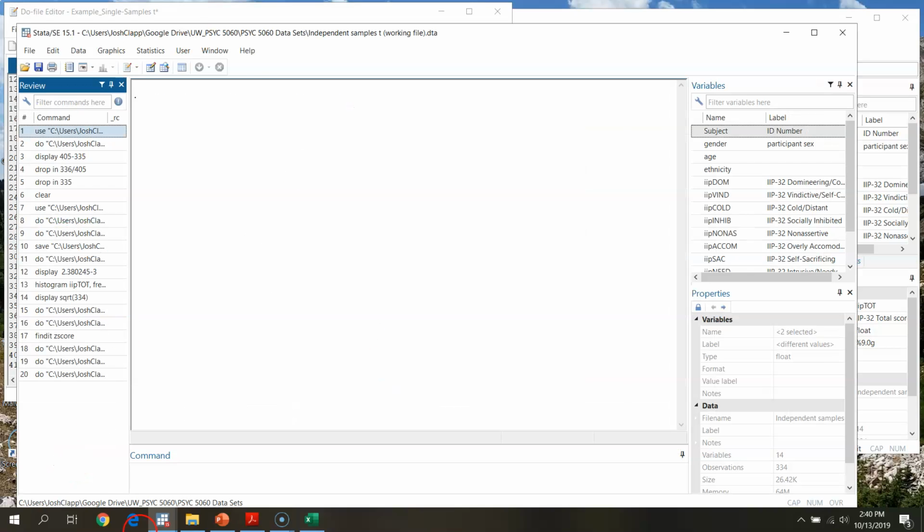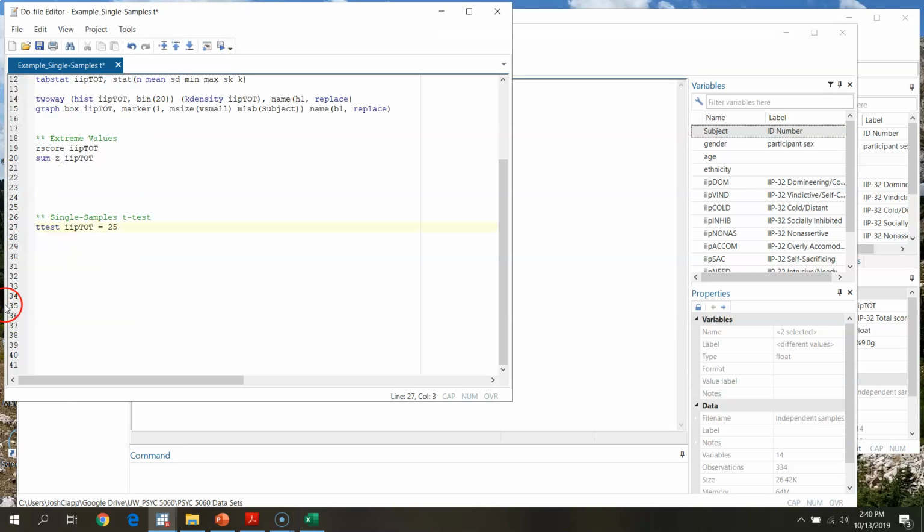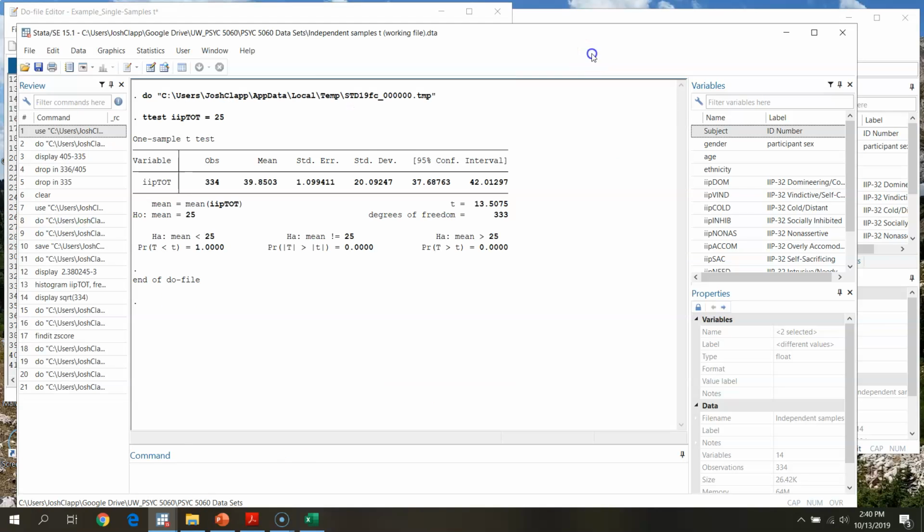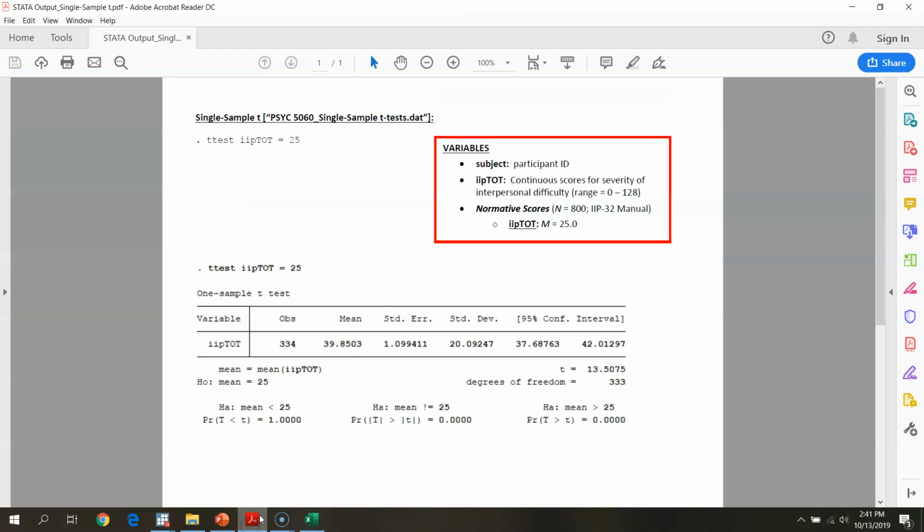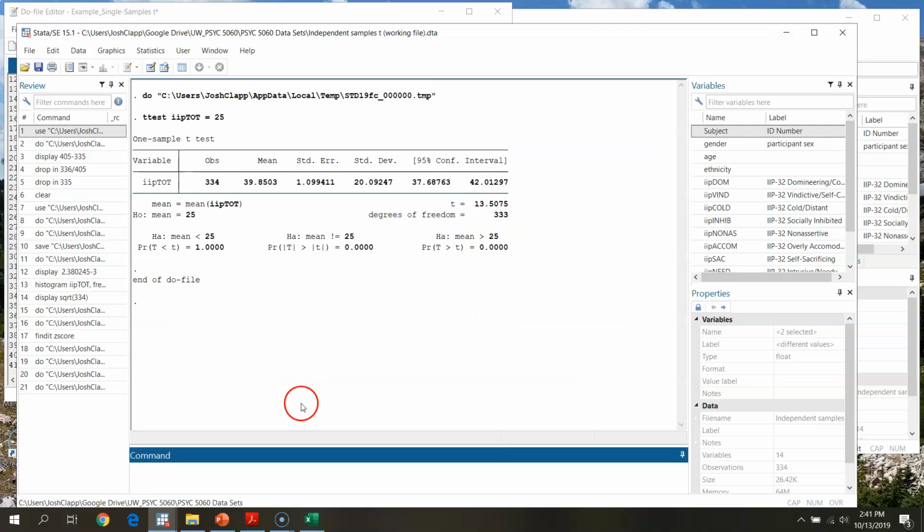Here's our output window. I'm just going to hit run, and here's our single sample t-test. You can follow this in the handout; it's the same output that we're getting on the screen right now.